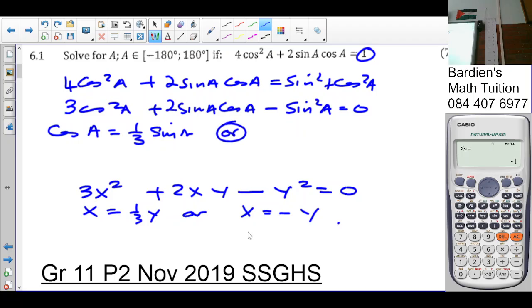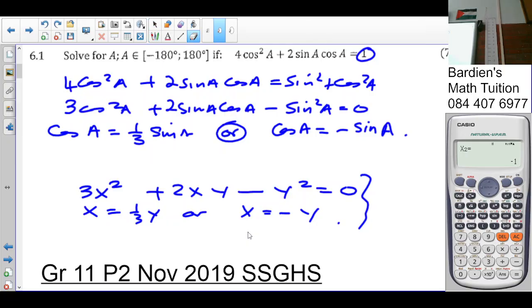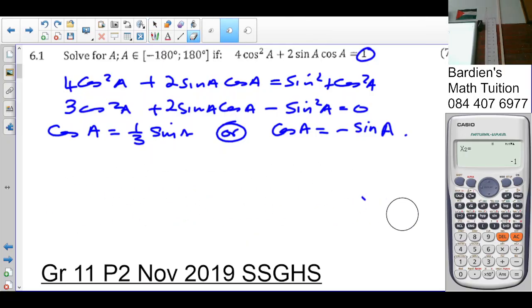Or, on the other hand, we got again cos A equals negative sine A. Do I have to do this? No. You can see the trinomial, you can go straight into it. But if you don't understand, you of course got that route. So we divide both sides by sine over cos.